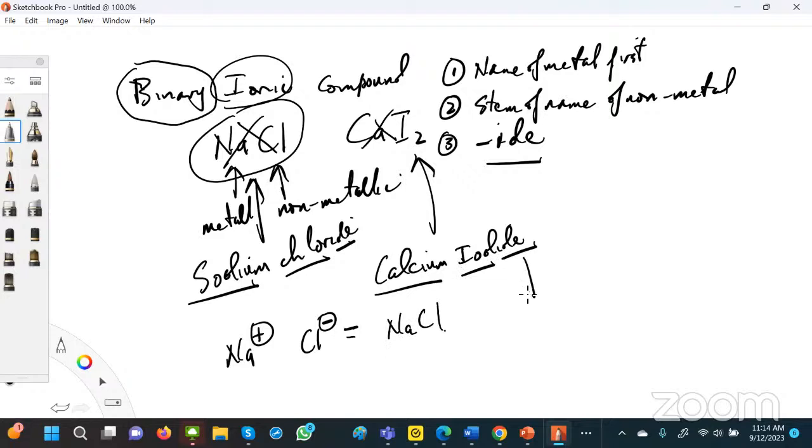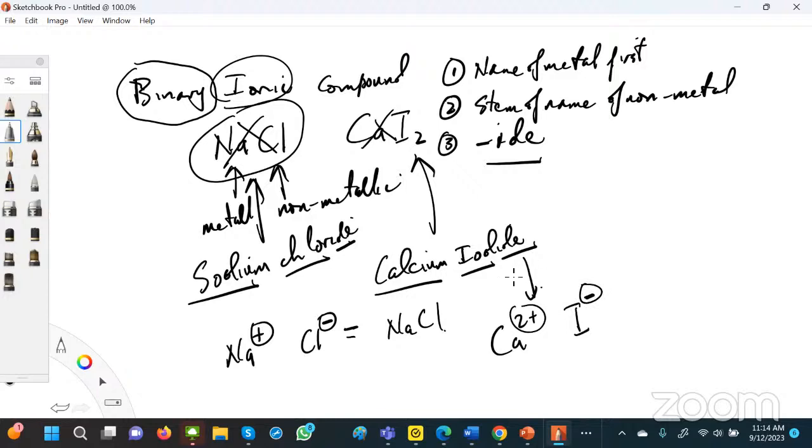In the case of calcium iodide, you go to the tables again and you look up the formula for the calcium ion. You see that the calcium ion has a +2 charge, and then you look up the formula for the iodide ion and you see that that has a -1 charge, right? Now, you have a +2 charge and a -1 charge, but remember I said that the charges must cancel out.